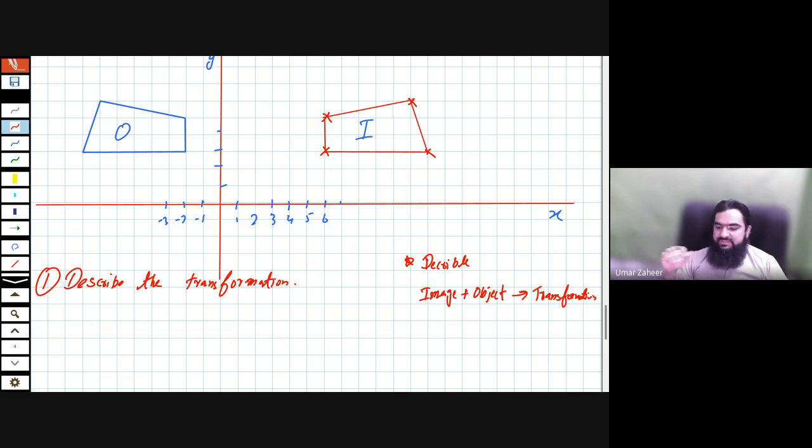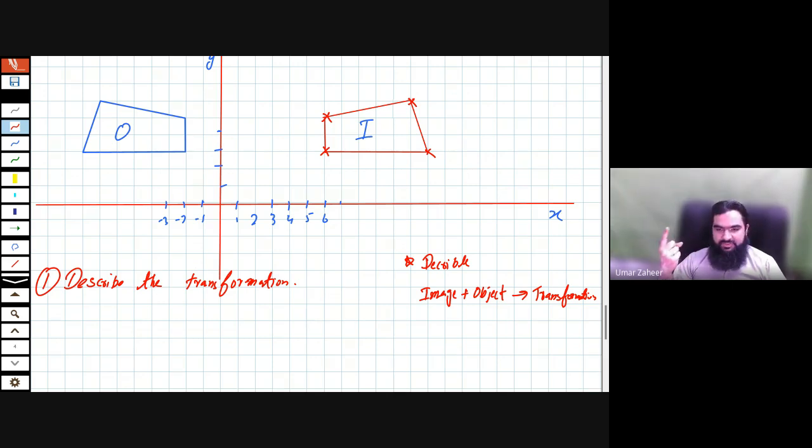Clearly you can see that the object and image are not exactly the same. And the size of the object and the size of the image are exactly the same as well. This means that it is not an enlargement either. So you have two things. It can be reflection and it can be rotation. How many options do you have?